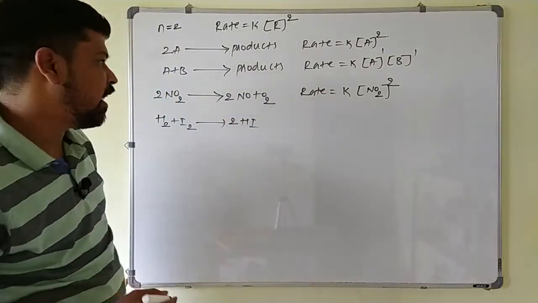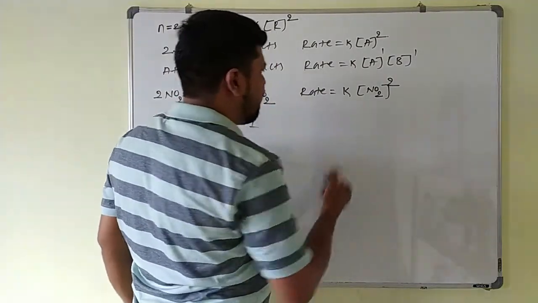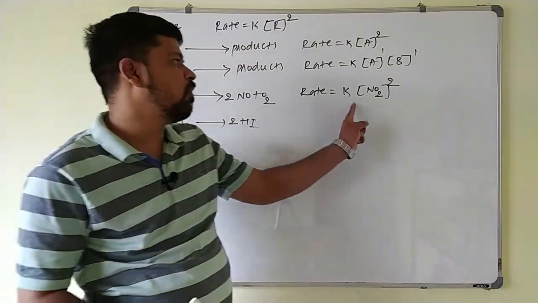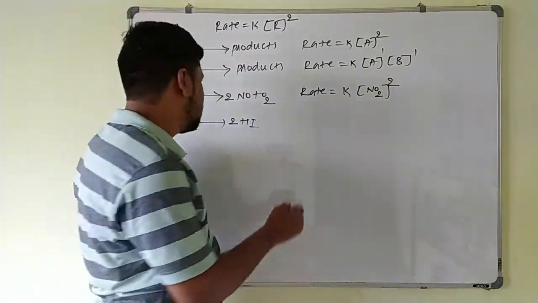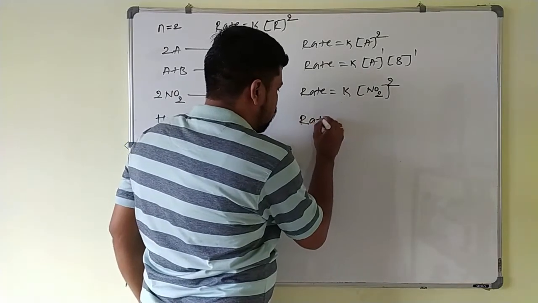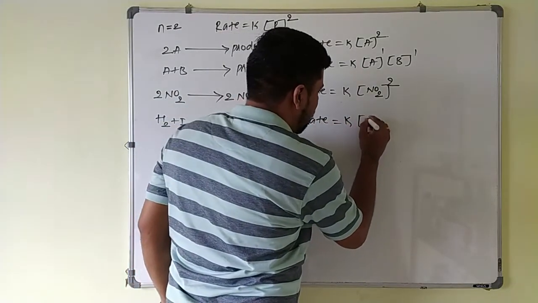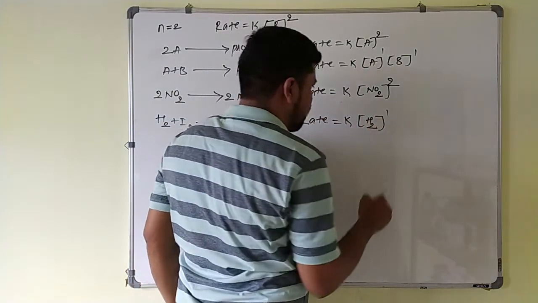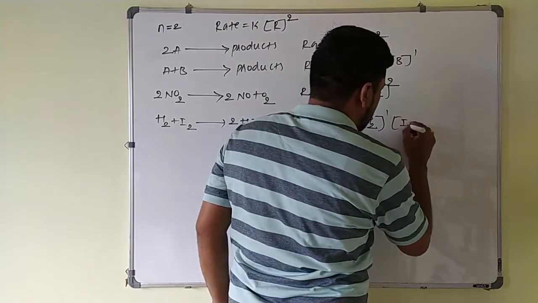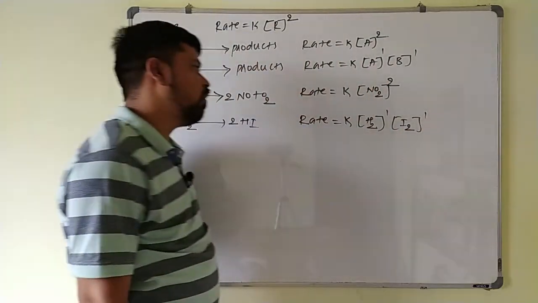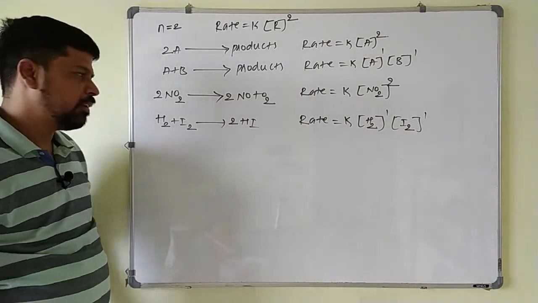This also comes under second order reaction, where rate is directly proportional to the second power of the concentration terms of reactants here. So rate is equal to K into H2 power 1 and I2 power 1. Again sum will be equal to 2 here.